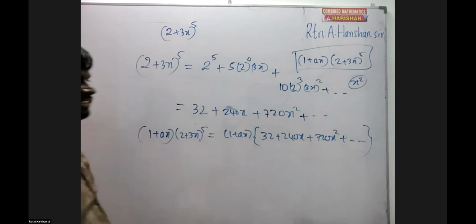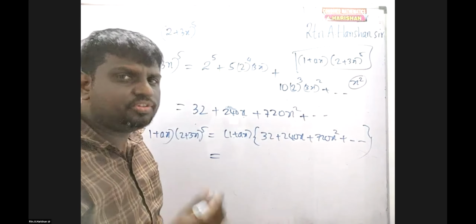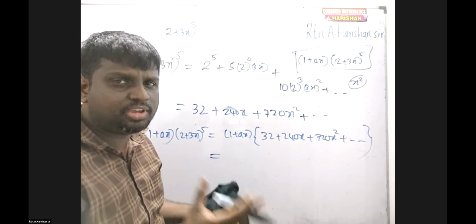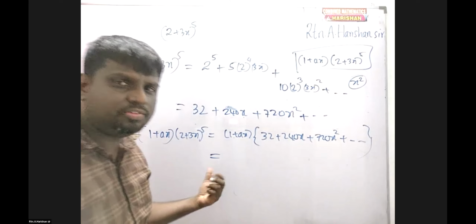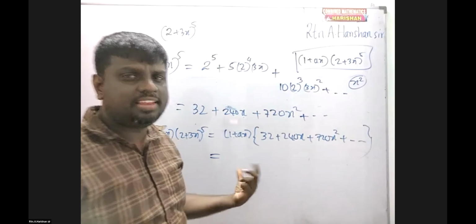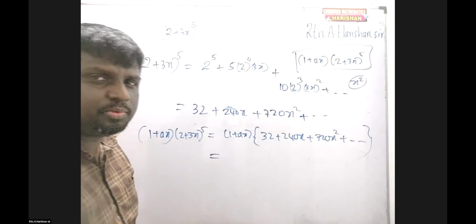If you want to find the coefficient of x squared, you have to find it and say that it is 0, because there is no term in x squared in this expansion.